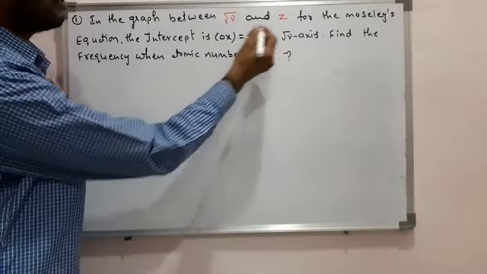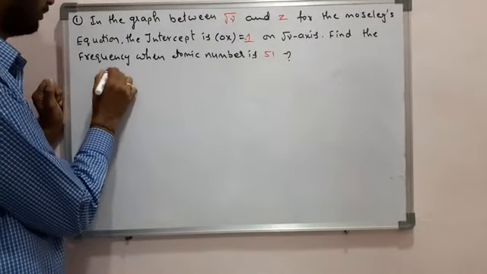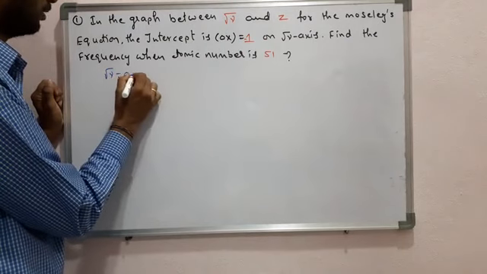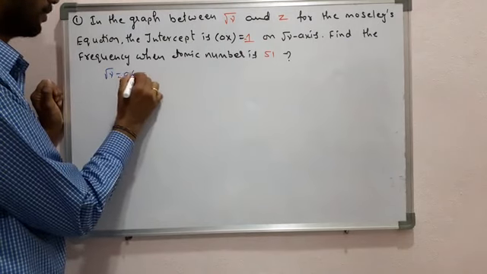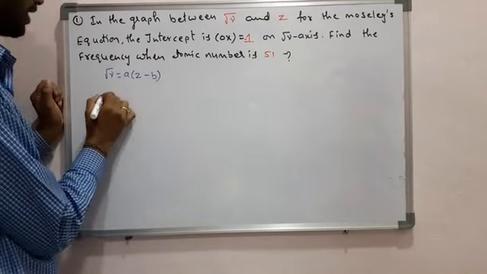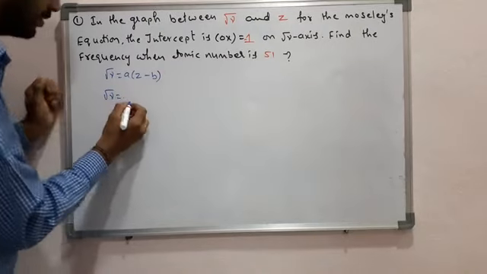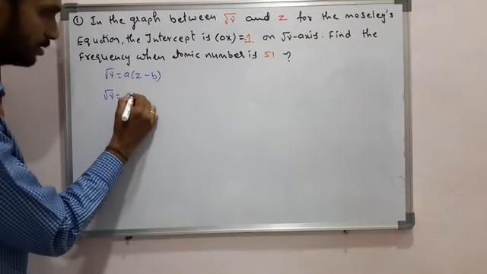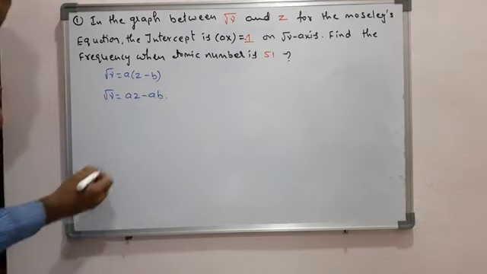So we know that the Moseley's equation, root nu is equal to A(Z minus B). So root nu is equal to AZ minus AB.